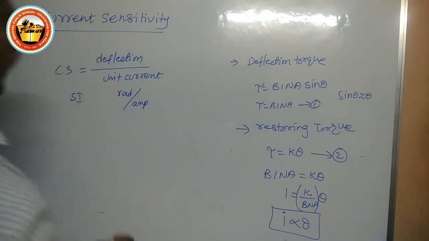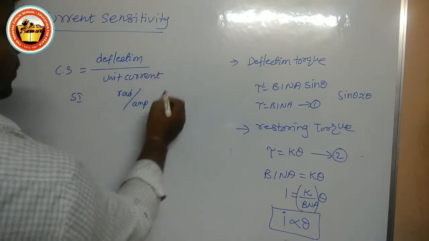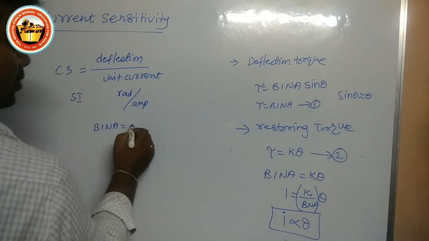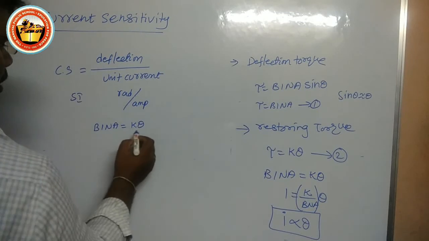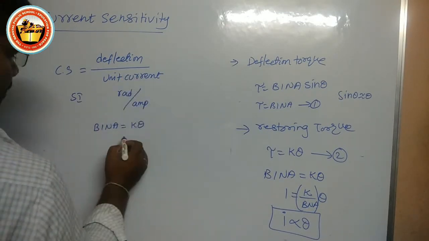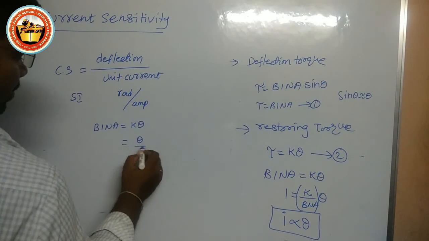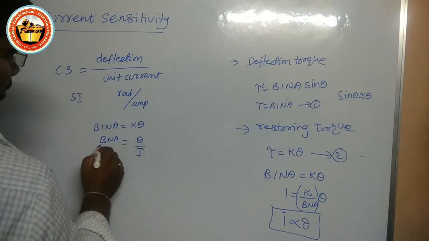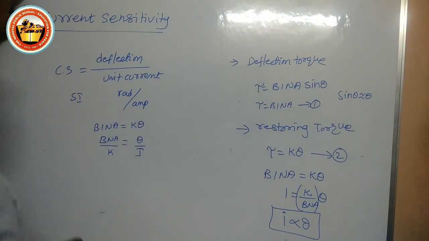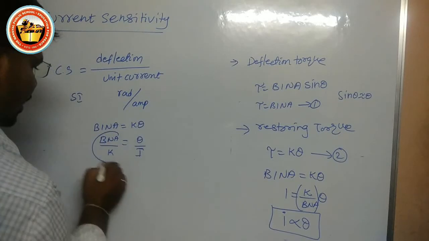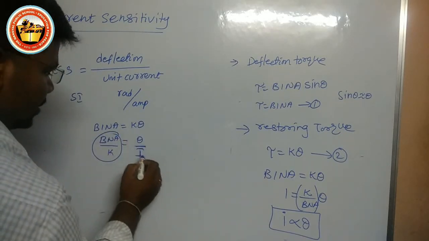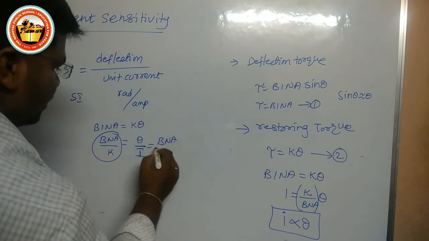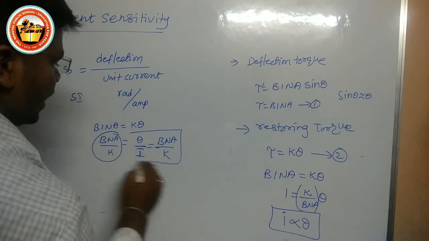How can we find current sensitivity? With the help of BINA is equal to K theta, theta divided by current gives BNA divided by K. Theta by I is equal to BNA by K. It gives the current sensitivity.